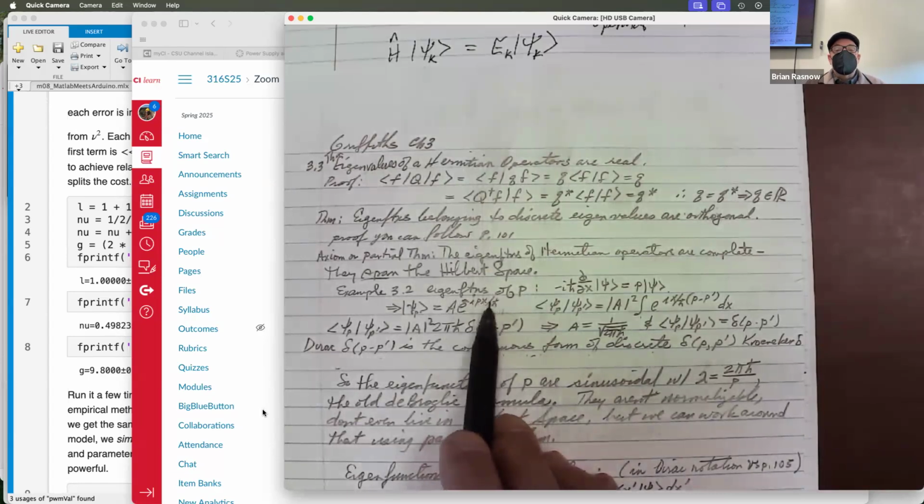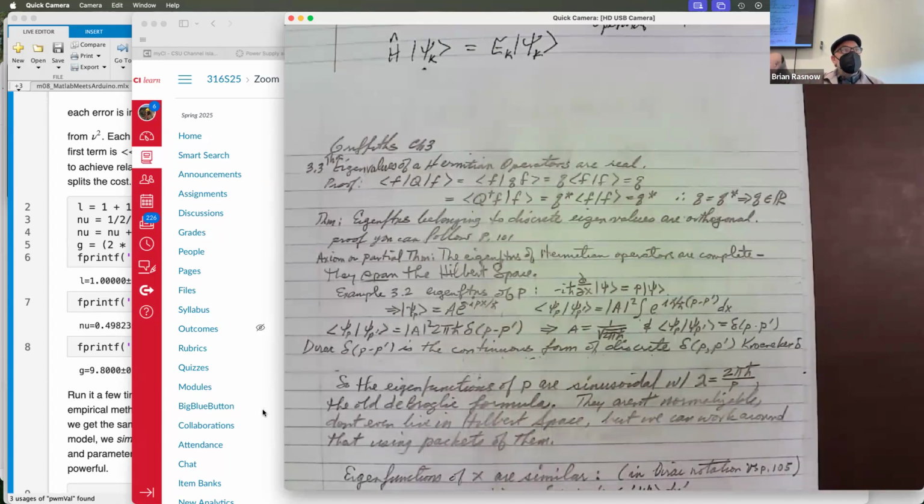And so these are functions that oscillate in x, with frequency, you know, k, or wave number, k equals, or p equals h bar k.